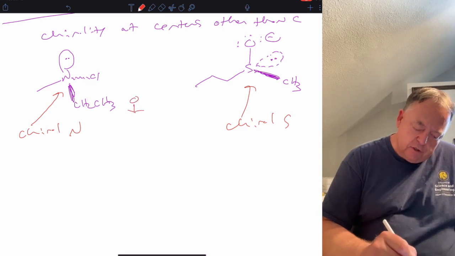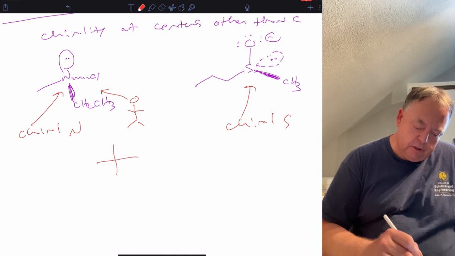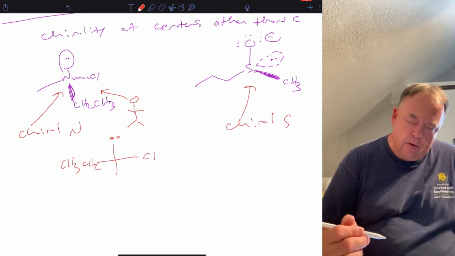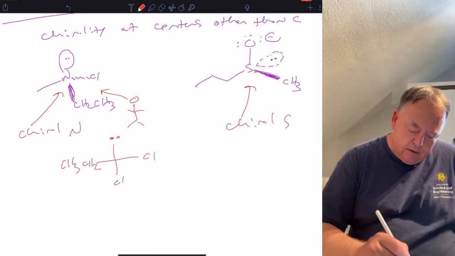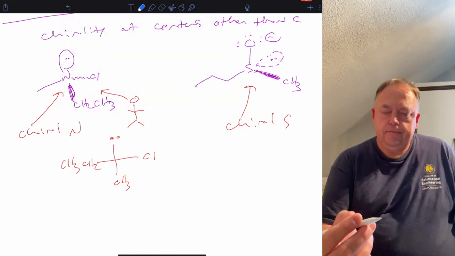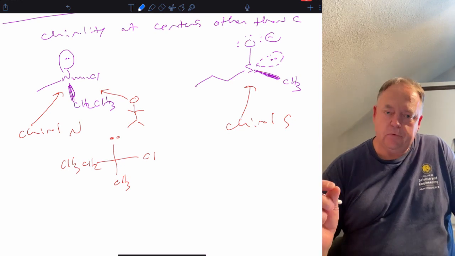So if we drew a Fischer projection here, look into the wedge and draw what you see. So you would see the ethyl on the left and the chlorine on your right, and then you have a lone pair of electrons towards your head and a CH3 on bottom. So if we assign priorities, assigning priorities again is based on mass, right?